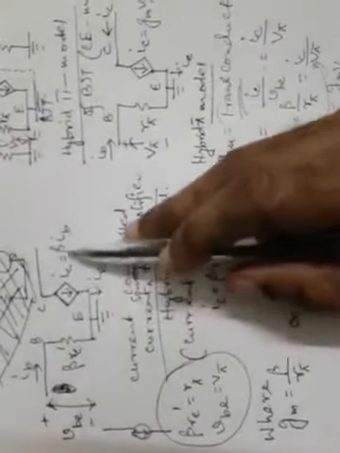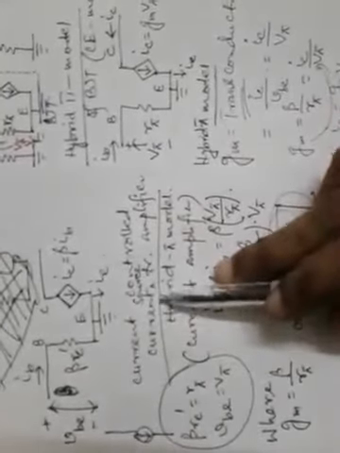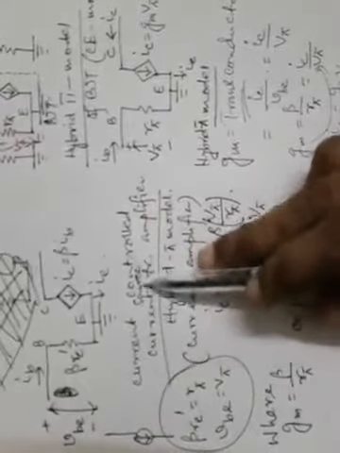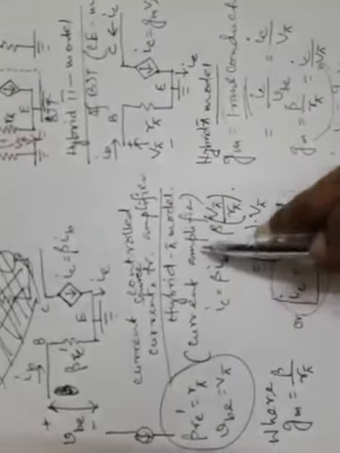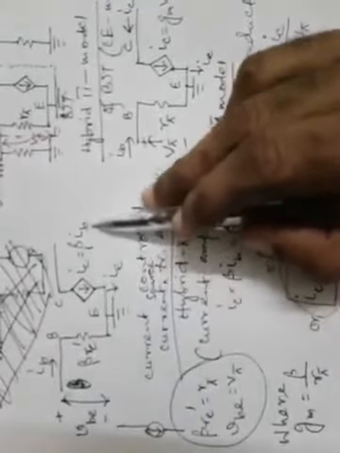Now the model where IC equal to beta IB is written, I have told you, is called the current controlled current source transistor amplifier, or current amplifier. But this model, which is similar to it, with the only difference that beta IB is replaced with GM V pi, will be named differently.